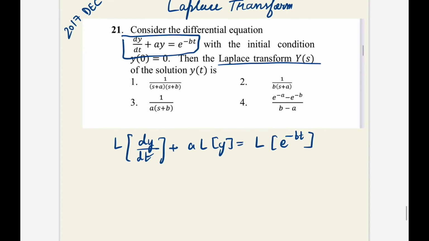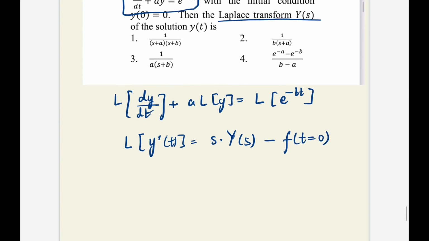Now it is already known to us that the Laplace transform of a derivative is given as s of Y of s, where Y of s is the Laplace transform of y of t, minus the function at t equals 0.